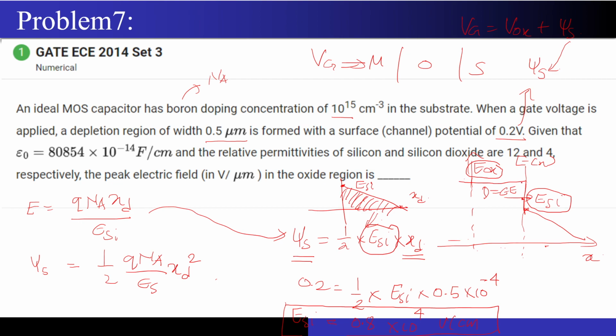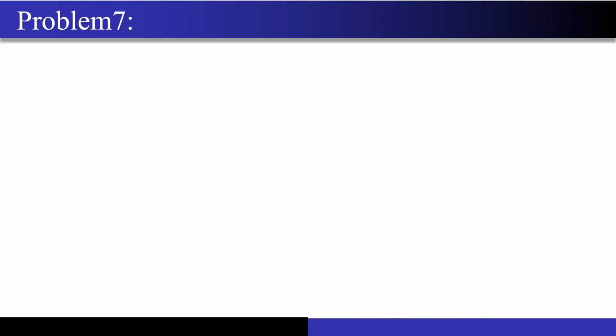This is the application of Maxwell's equation for the boundary condition that you will study in later engineering courses. So epsilon of oxide into the field in the oxide is equal to epsilon of silicon into the peak field in the silicon. We want EOX, so EOX will be epsilon Si divided by epsilon oxide into ESI.